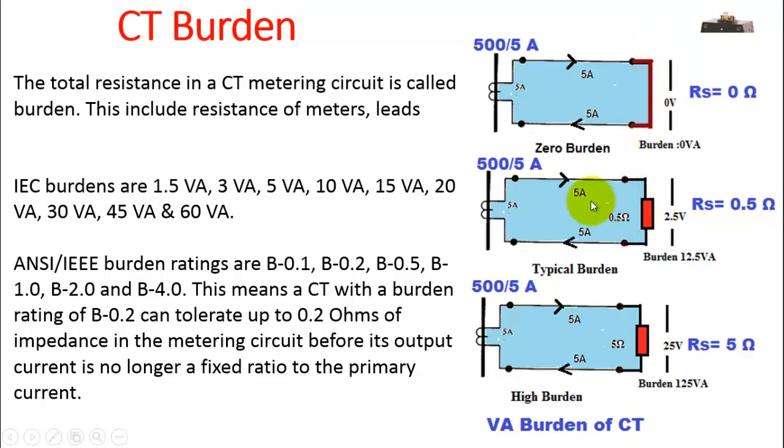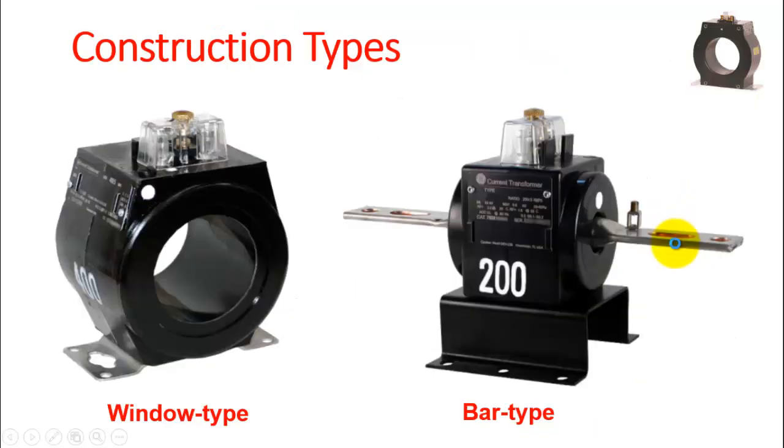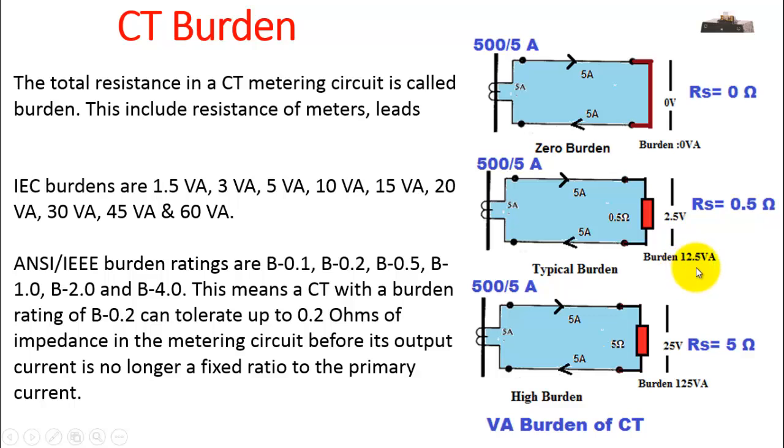For the same CT ratio 500 over 5, there is a 0.5 ohm resistance that is seen by this CT. It means that when 5 ampere flows, it will produce 2.5 volts, which is equivalent to 12.5 VA burden.